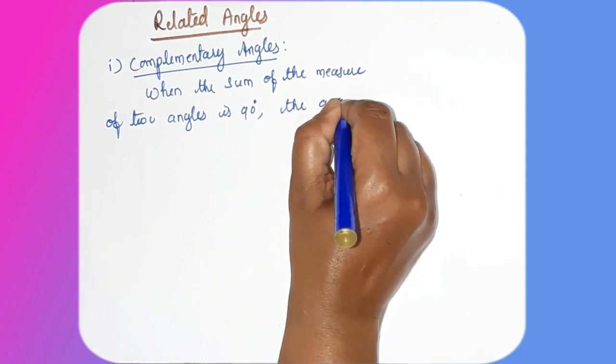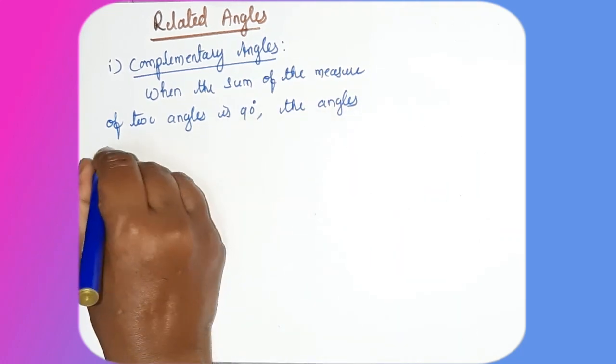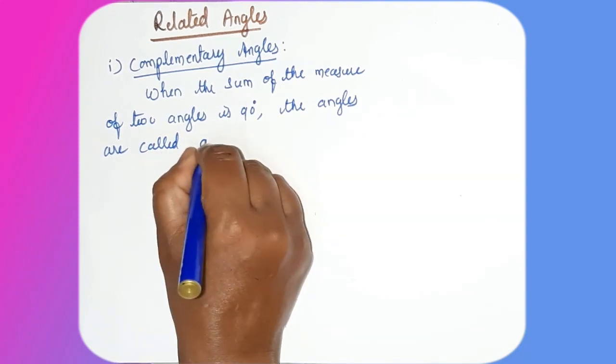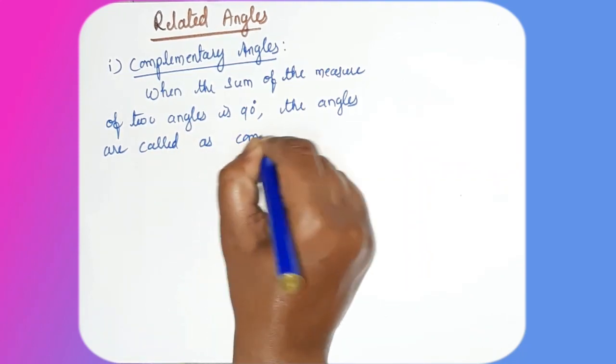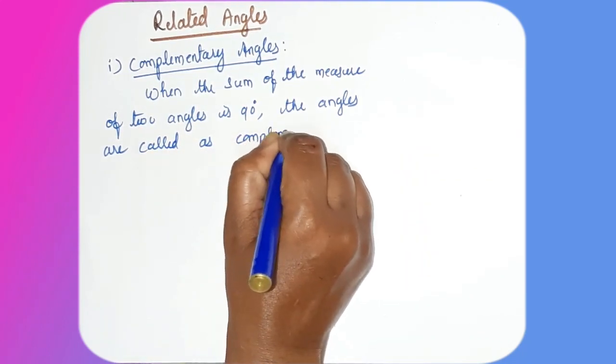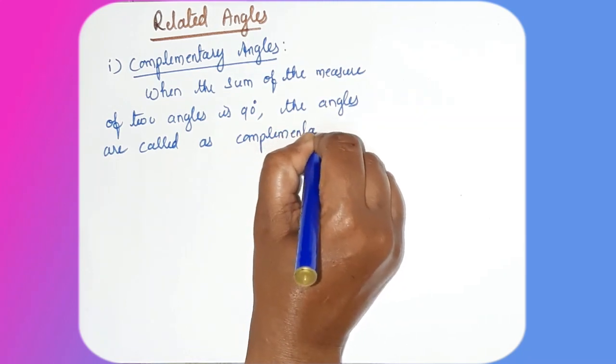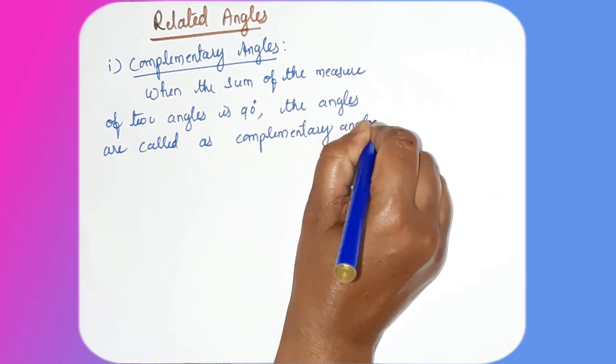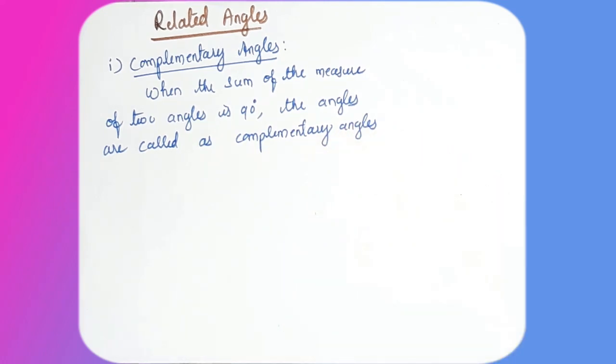The sum of the measures of two angles must be 90 degrees. Not more than that, not less than that.